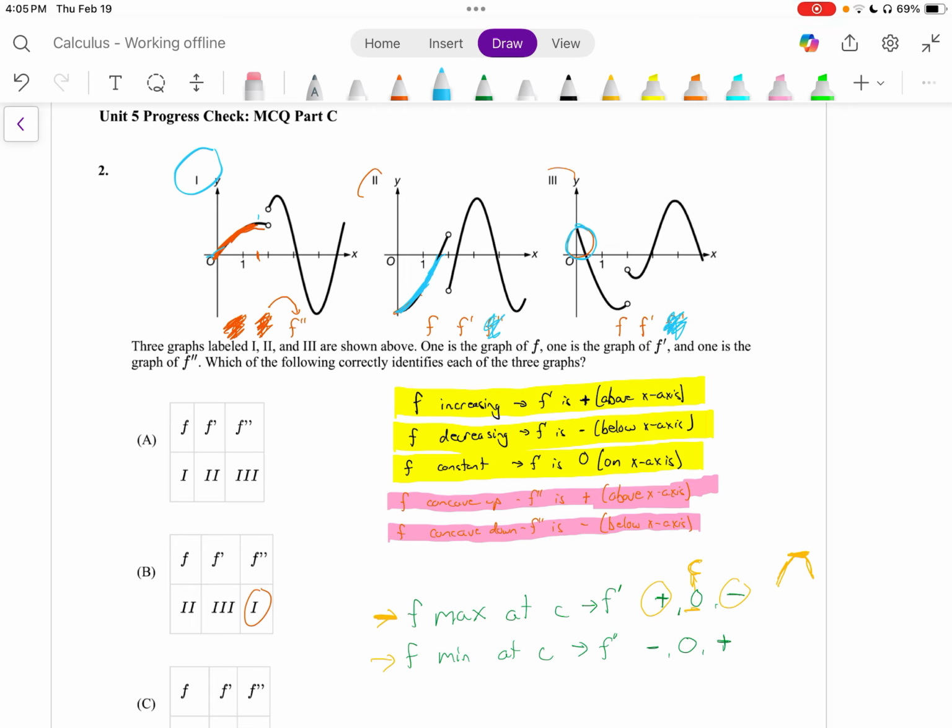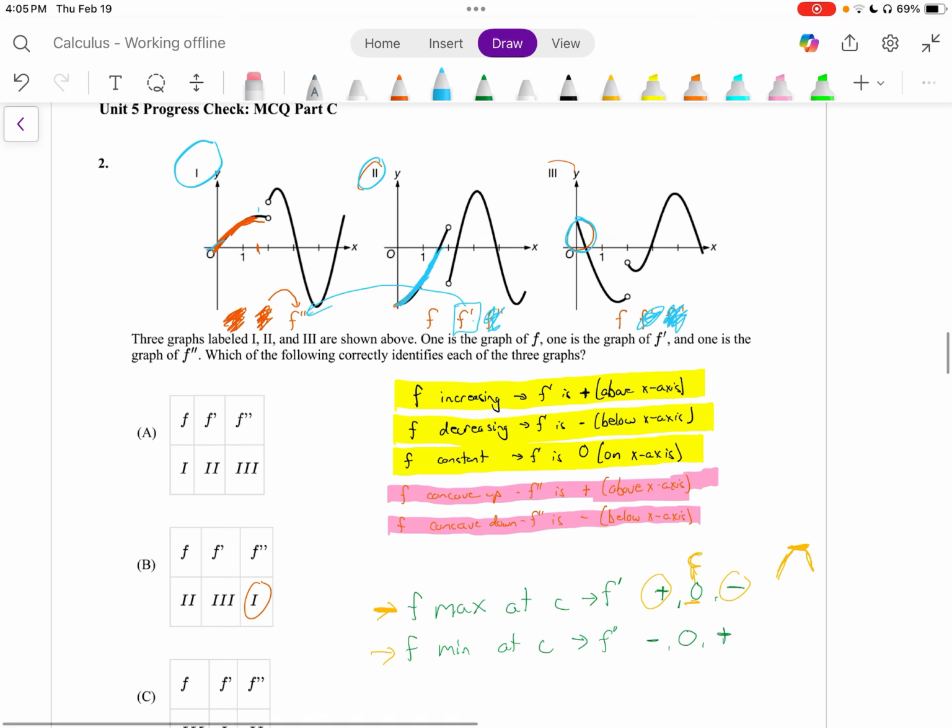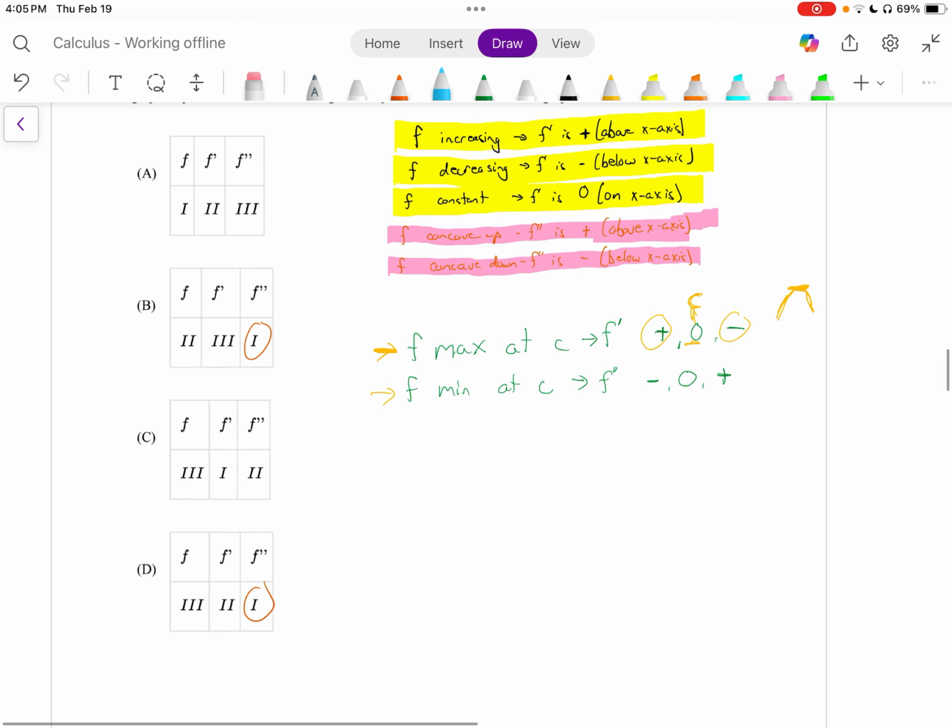So actually, if 1 is the derivative of 2, this one has to be the second one, because the derivative of f gives me f prime. And so that means this one has to be the first derivative. There are other different ways to look at that, and that's fine, but we see that this has to be D.